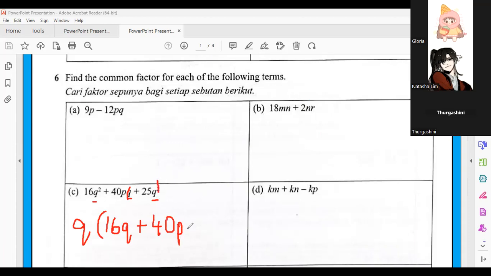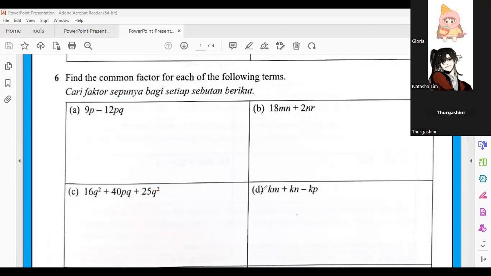And if I take out q squared, I'm going to have here plus 25q. Do you understand? The only common factor here is q. I cannot take out 8 because 25 is not in multiples of 8. It can go for 16 and 40. So I cannot find a common factor for all three. Can you? So I only can find a common factor, which is q.